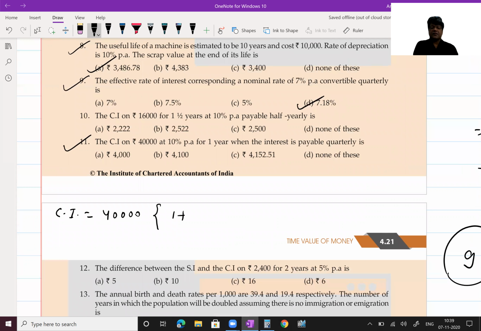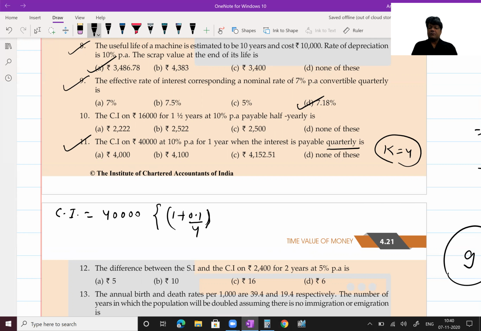Your i is how much? 10%, 0.1, to the power. And guys, here there is a problem. Interest is payable quarterly. Quarterly means that K factor will come. And K is equal to how much here? 4. So wherever i, you will have to divide it by 4, and wherever n, that is your number of years, it will be multiplied by this 4.